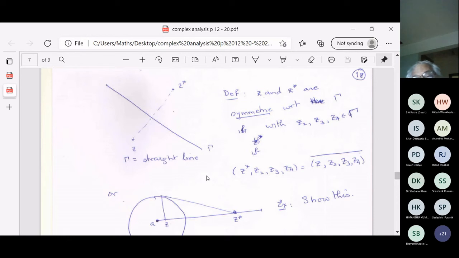I should call it Z tilde or something, or I should call it A and B. Okay, so there's a natural notion of symmetry that we have here, that we say that the points Z and Z star are symmetric with respect to the straight line gamma.